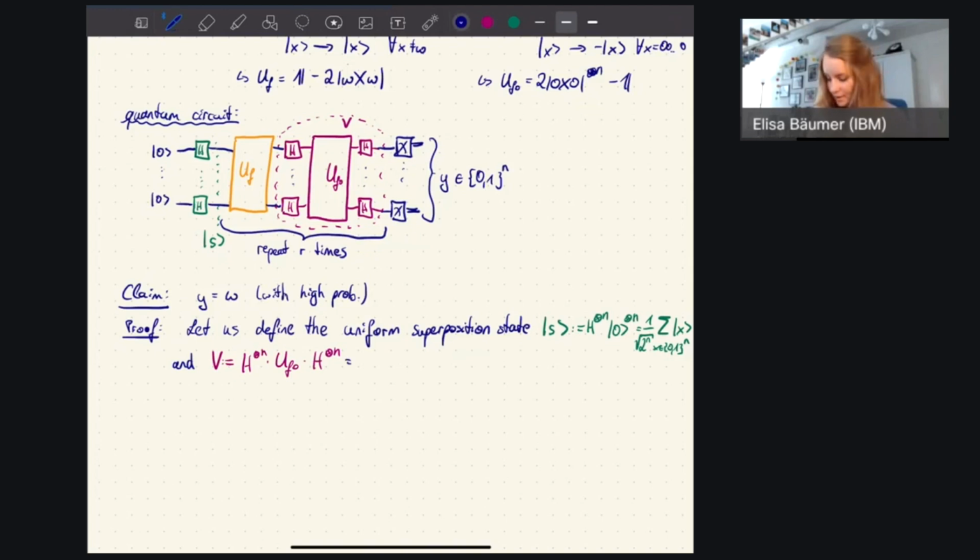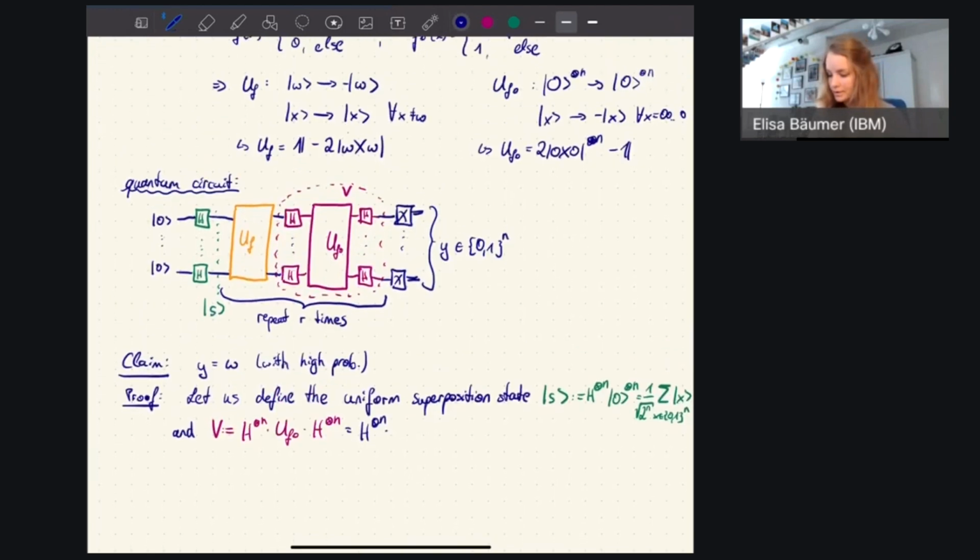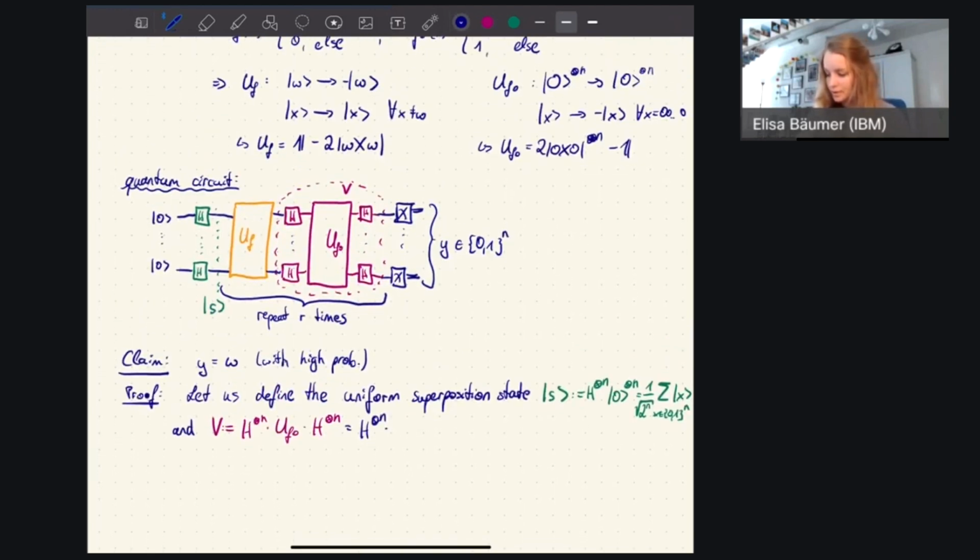And we can simplify that a bit, because for UF0 we said before that we can just rewrite it as 2 times 0 to the power n minus identity, and I'll just write this in 2 terms then. We have this first term minus the second term, where we have identity times Hadamard to the power n.